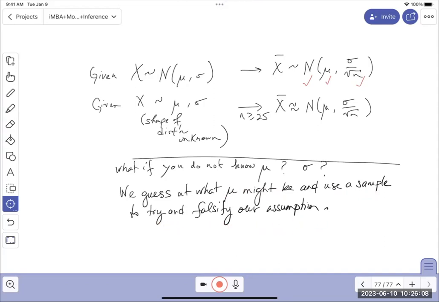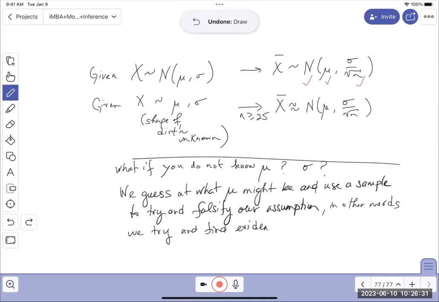We try to find evidence against our guess.